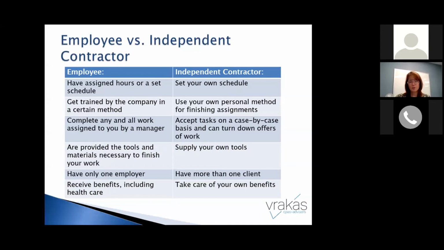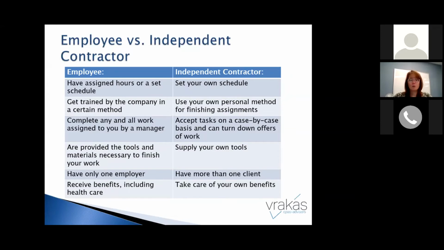Now, the issue can be if you have one person doing one type of task, you have to make sure that everybody doing that same thing is treated the same way. They're all employees or they're all independent contractors if they're doing the same thing. But each different task can have different designations. You could have independent contractors and employees, but you have to look at what they're doing, where they're doing it, how they're doing it, and with what items.